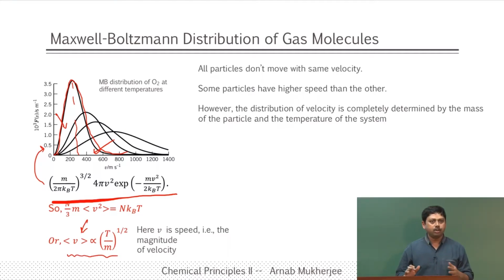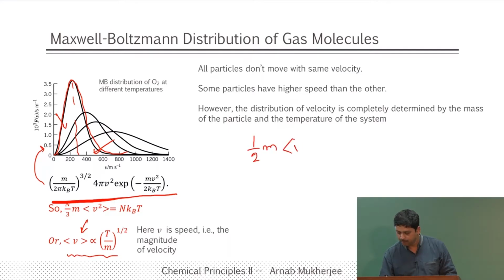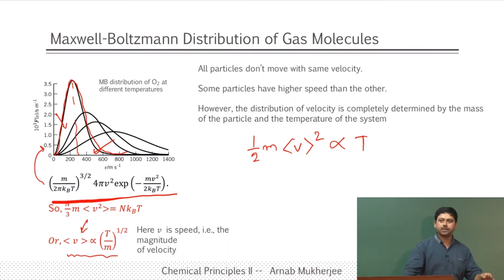Individual velocities we cannot really consider, but the formula that we are going to ultimately use, considering all possible velocities, is that half m v average square is proportional to the temperature. So, it is not one particular velocity that all the gas particles will have.